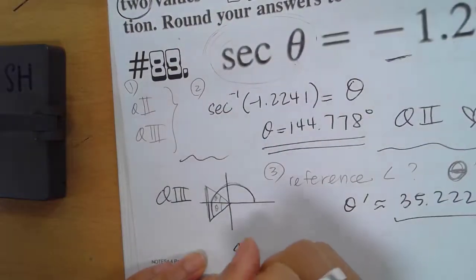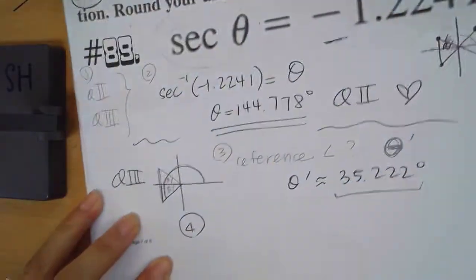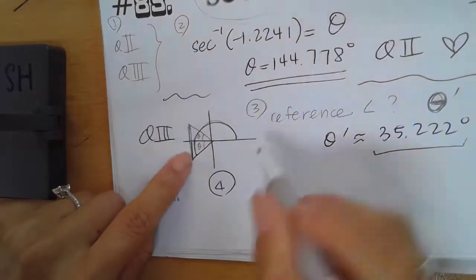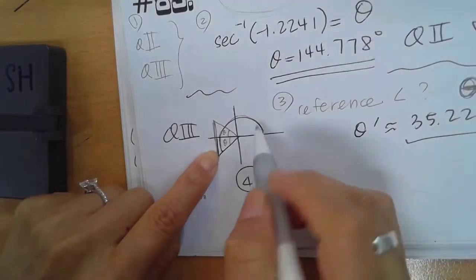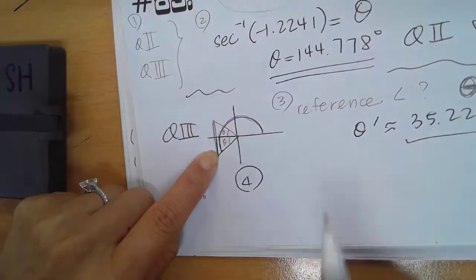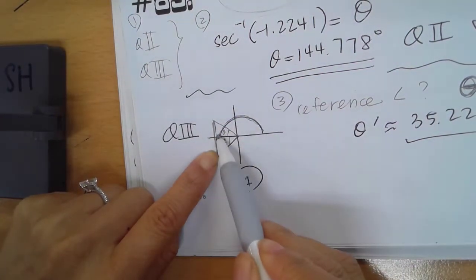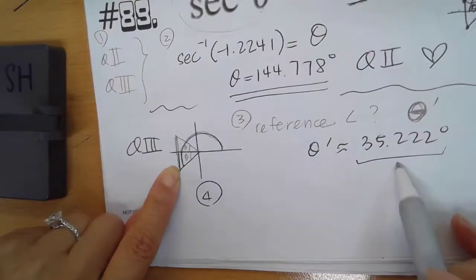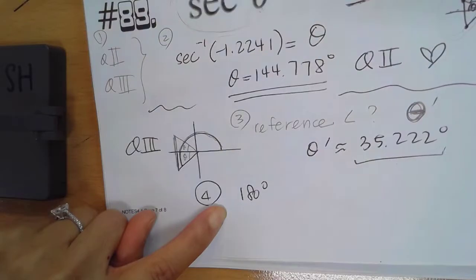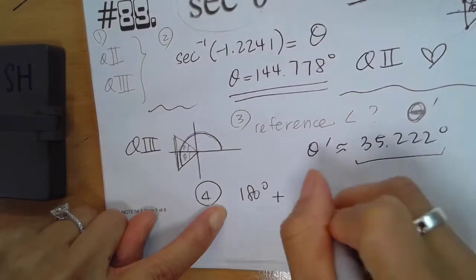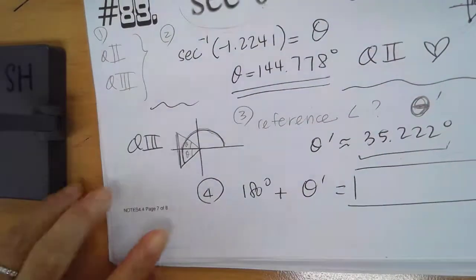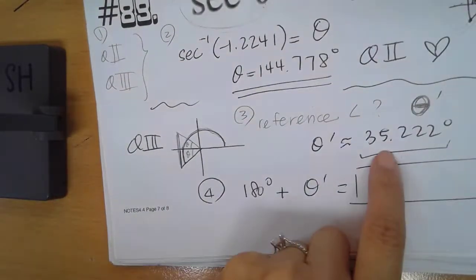Now that's the fourth step. I need to get to this angle, traveling from here all the way here. It's 180 degrees plus this little piece, 35.222 degrees. But we don't just put in 35.222.